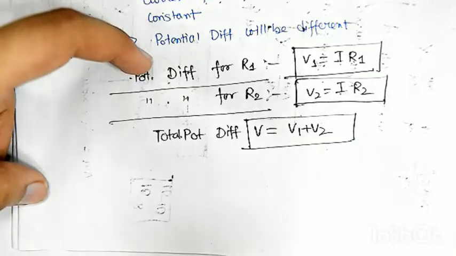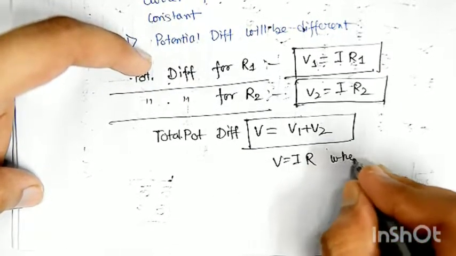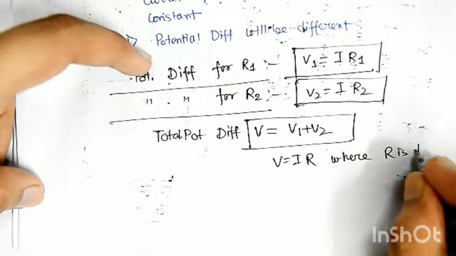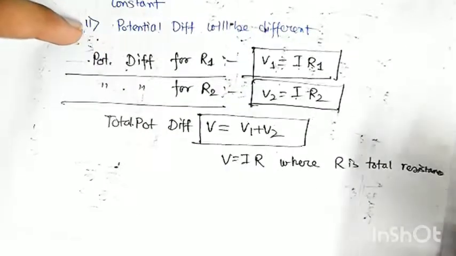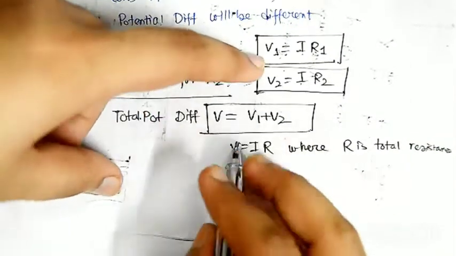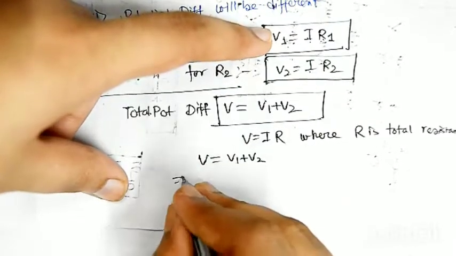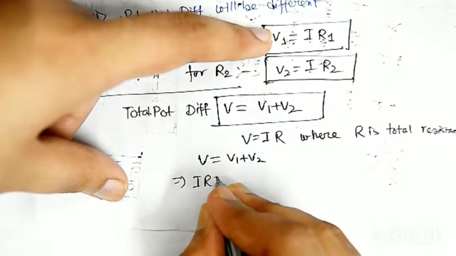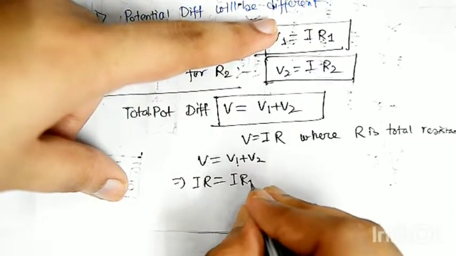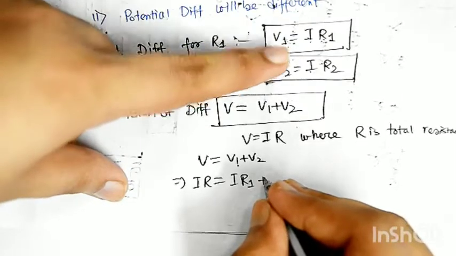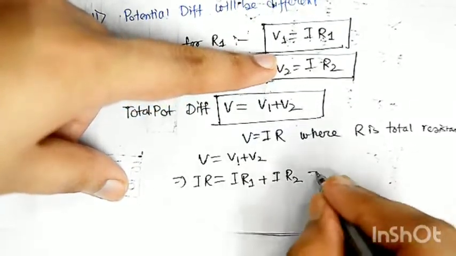Now what do we know from Ohm's law? That V equals IR, where R is the total resistance. Now I can write that V equals V1 plus V2, so I can write V equals IR. What is the value of V1? IR1. The value of V2? IR2. From here I can take I common.